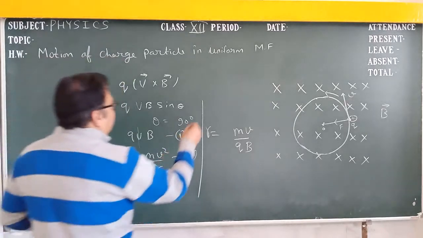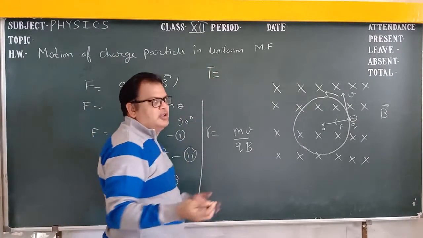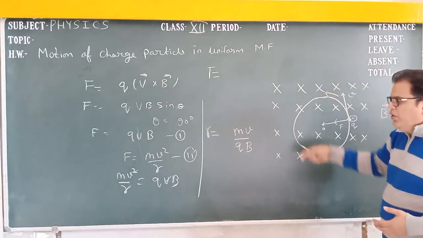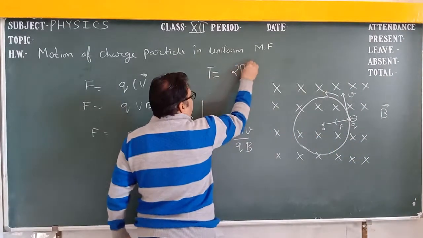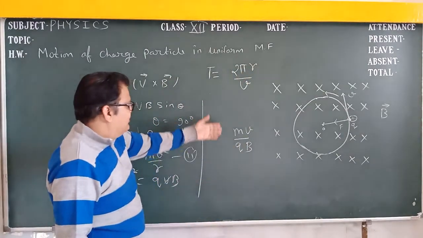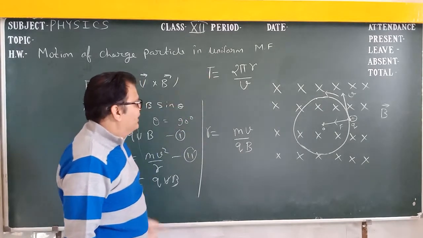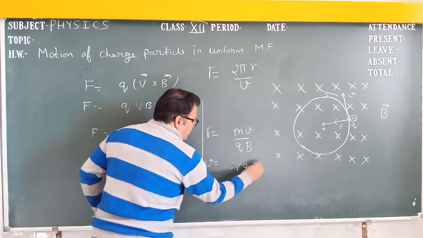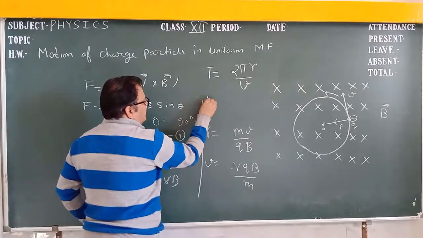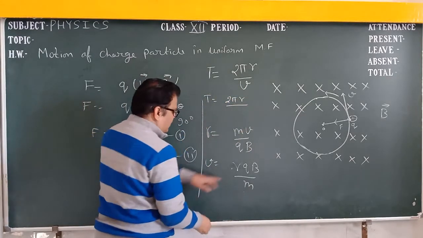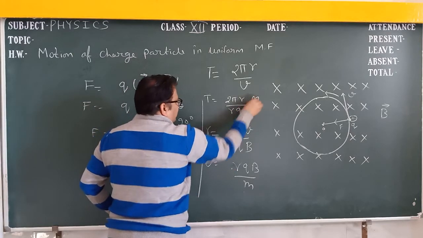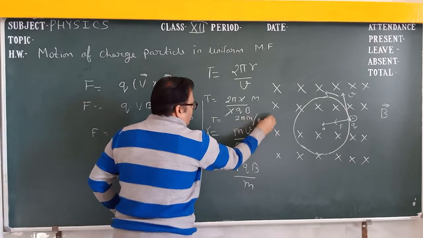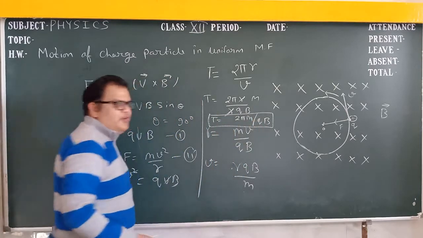You know that T equal to the circumference of the circle upon velocity, so T equal to 2 pi r upon V. We can replace the value of V from the previous equation, V equal to R Q B upon m. Putting it here, T equal to 2 pi R upon R Q B by m. So T equal to 2 pi m upon Q B. From this we can easily find the time period.